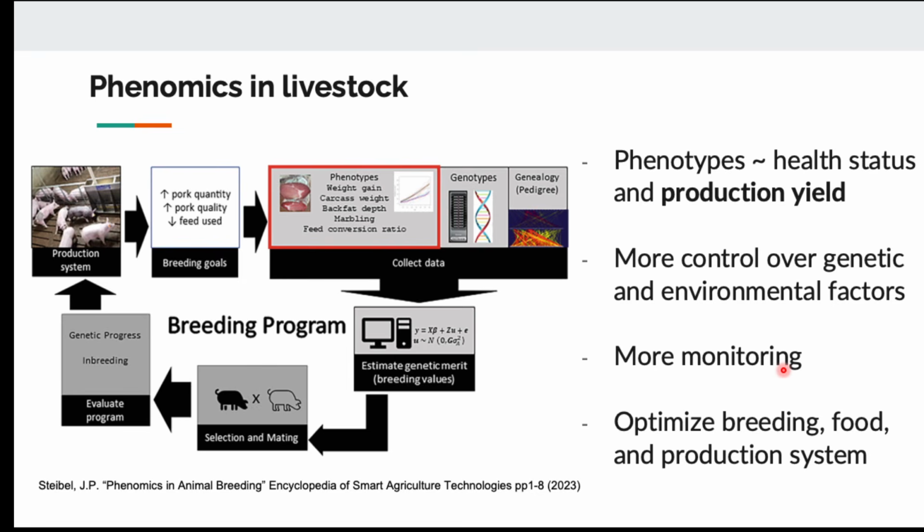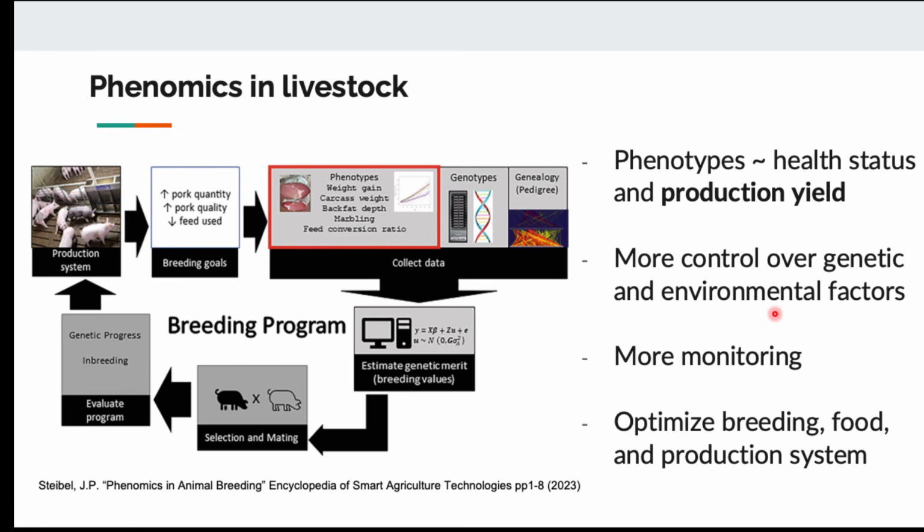But in animals, we also focus on their morphology, like their size, their production. And the difference that we're going to see is that in livestock and in agriculture, we have more control over the genetics, like we can do breeding, and we have more control over the environment, like we can control their food, we can control their habitat.